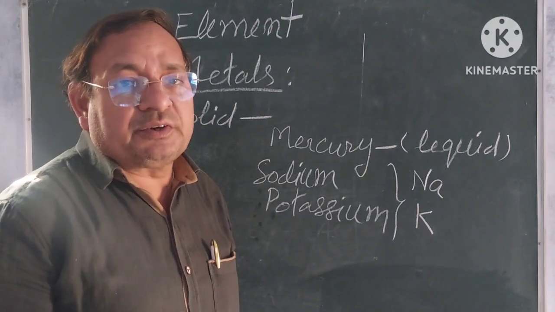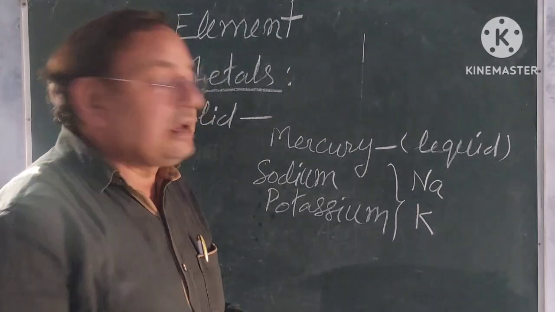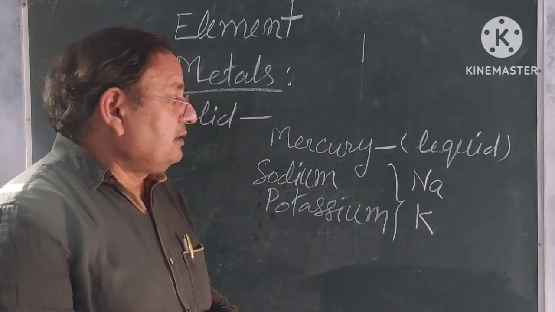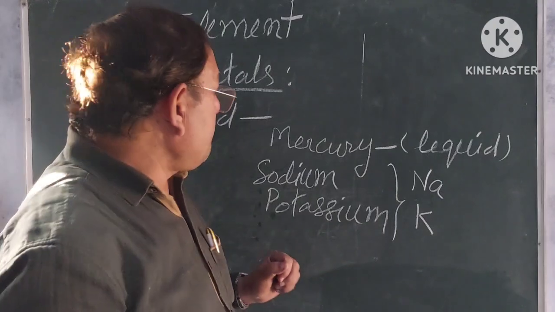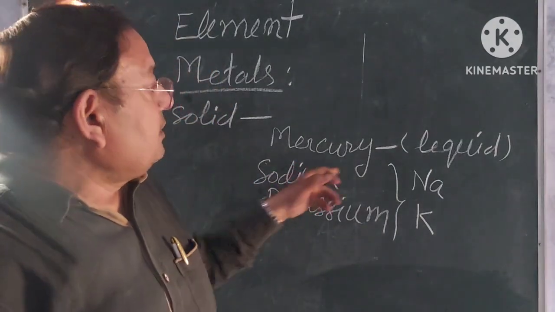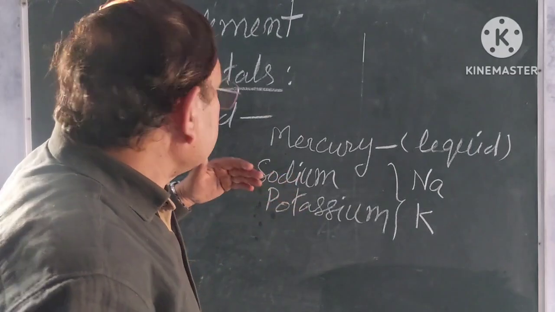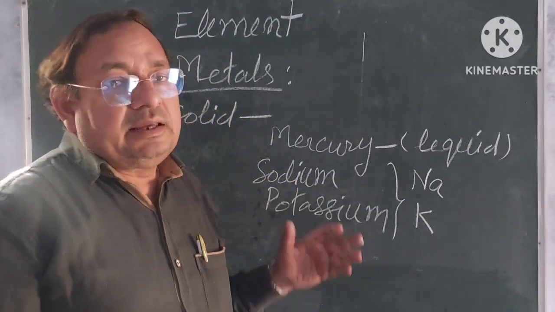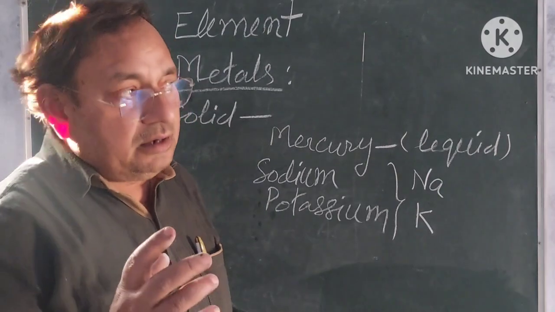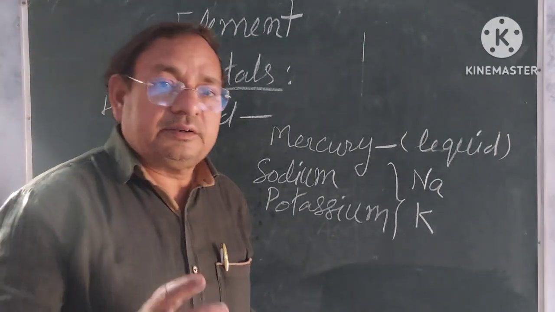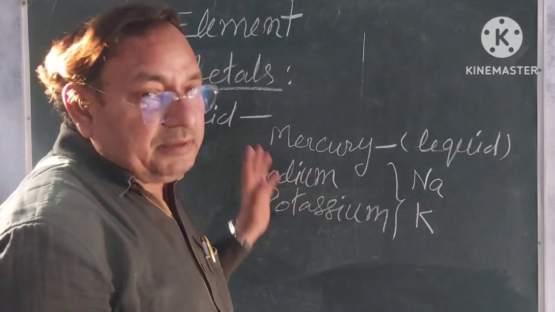They are soft and can be cut easily with a knife. Understand? And mercury is found in the liquid state. Generally, except these, all metals are hard solids. So this is the hardness property of the metal.